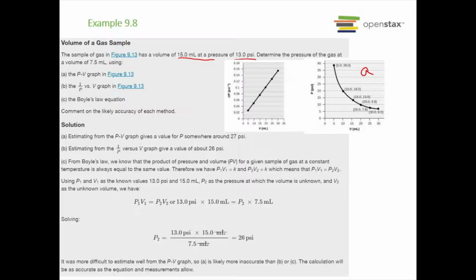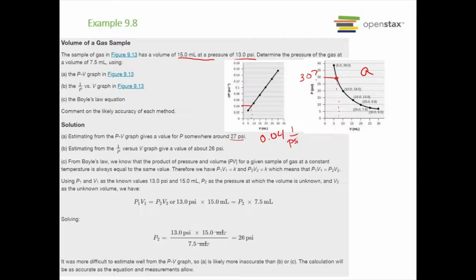So we have a volume of 7.5, so that's about here, and we go up, up, up. To me, it looks like about 30-ish psi. So the book estimates 27 psi. And then looking at the 1 over P versus V graph, your 1 over pressure, I'm going to say it's 0.04, and that's 1 over psi.